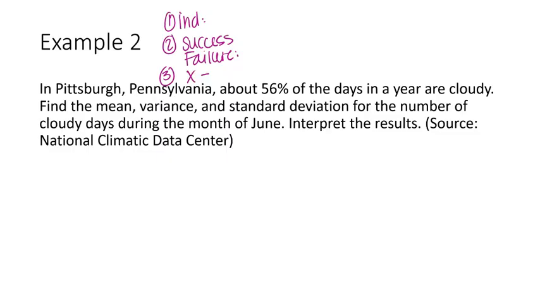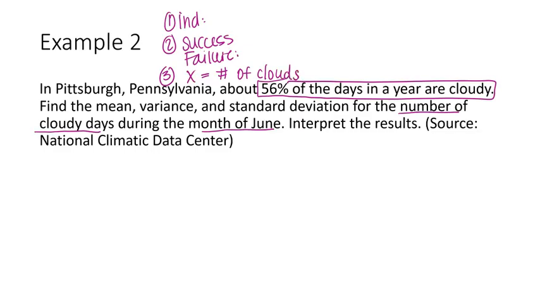Well, independence, let's sort through. So I have 56% of the days are cloudy. I want to find all of this for the number of cloudy days during June. So clouds are what I'm looking for. So my X is going to count the number of cloudy days in June.